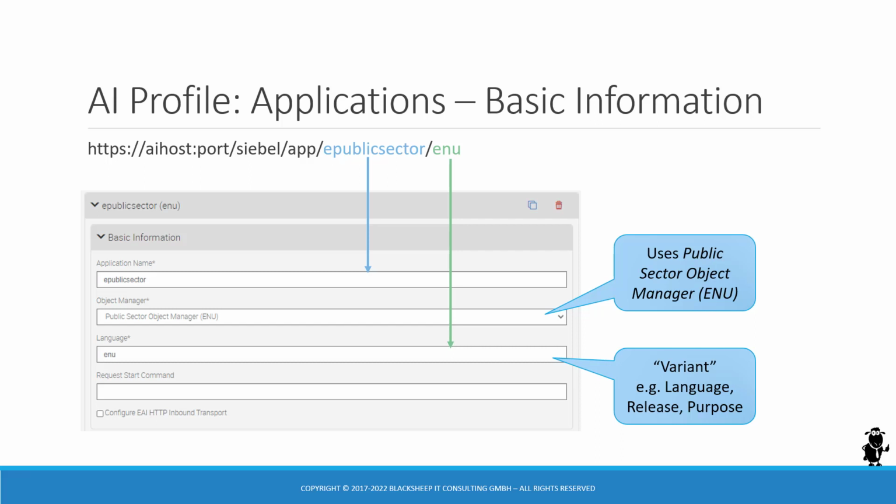This string could designate, of course, the language, but also maybe the release or the purpose or any other piece of information. The object manager selection you do through a drop-down, which only allows you to see components that are online at the very moment. So make sure you have started your Siebel servers before.